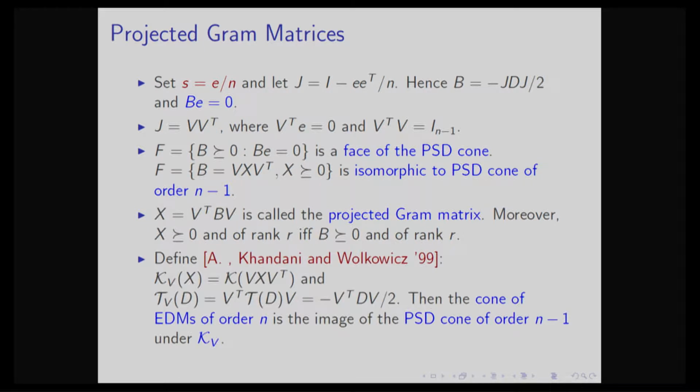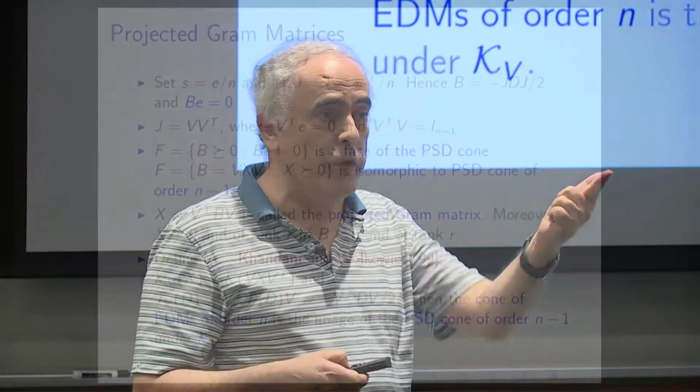In this way, you can move from the operators K and T to operators K sub V and T sub V. As a result, the set of EDMs of order n is the image of the PSD cone of order n minus 1 under this operator K sub V of X. As a result, we know that the set of EDMs is a cone.